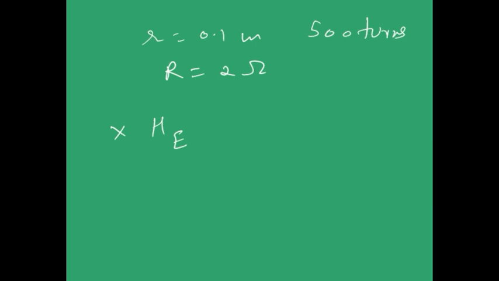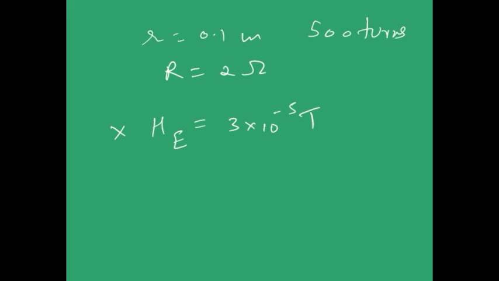Observe carefully. A circular coil of radius 10 centimeters, that is 0.1 meters, and 500 turns, and resistance, say capital R, 2 ohm, is placed with its plane perpendicular to the horizontal component of Earth's magnetic field. Say we have the horizontal component of Earth's magnetic field into the screen, and it is given as 3 into 10 power minus 5 Tesla.